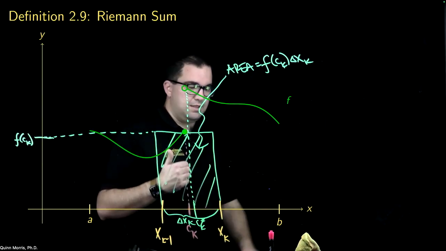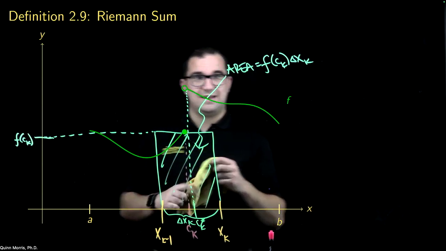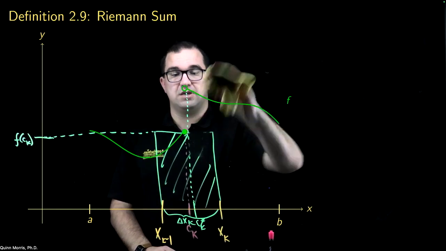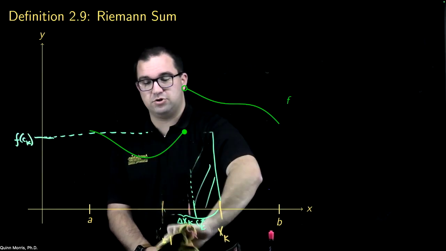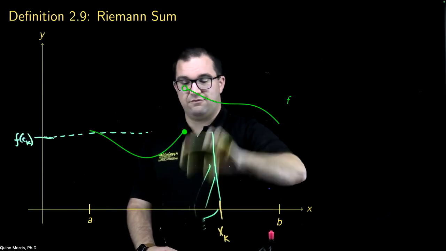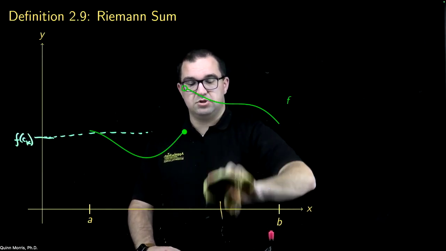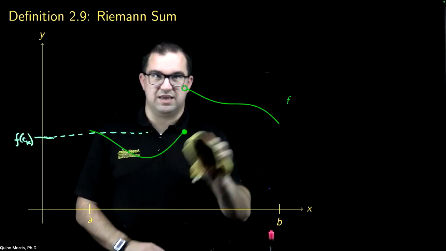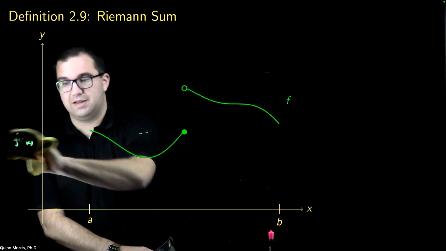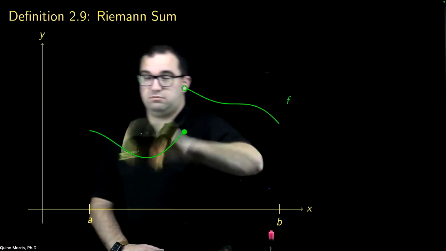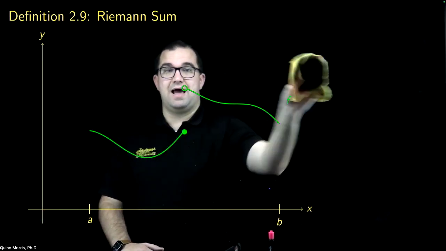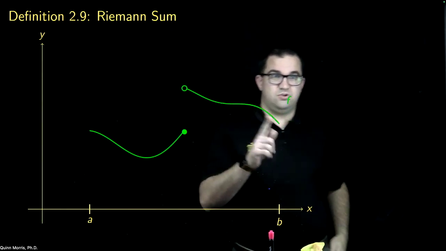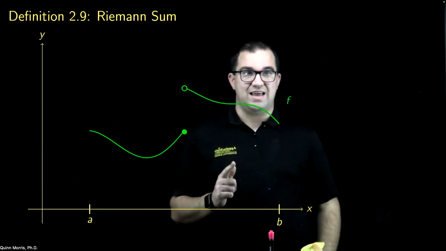And a lot of this really boils back to, if you look at that definition of Riemann sum, we are defining a Riemann sum not just for a continuous function, but for a bounded function. So since our function f is not continuous, at least in this case, and we're not necessarily requiring that it be continuous, we shouldn't necessarily expect that our Riemann sum will vary continuously with the values of the tags.